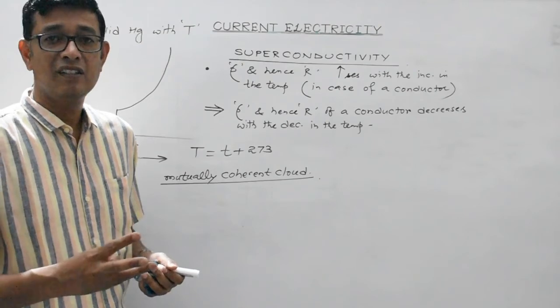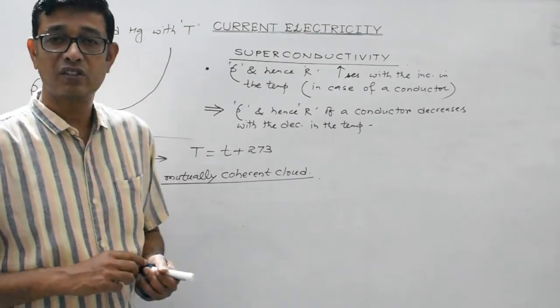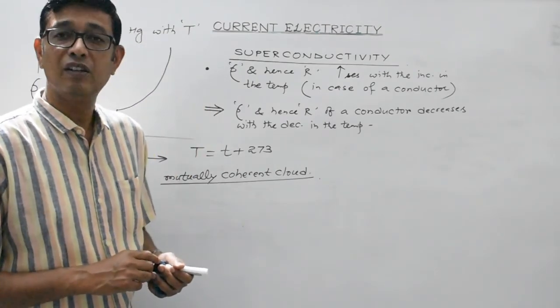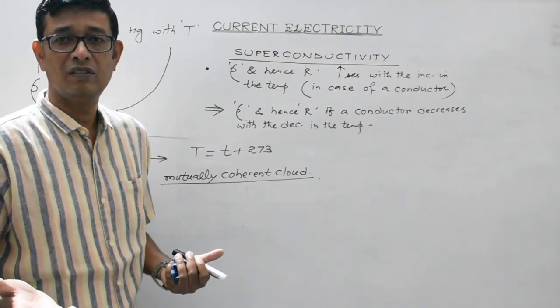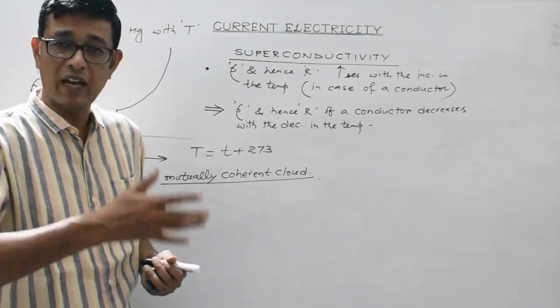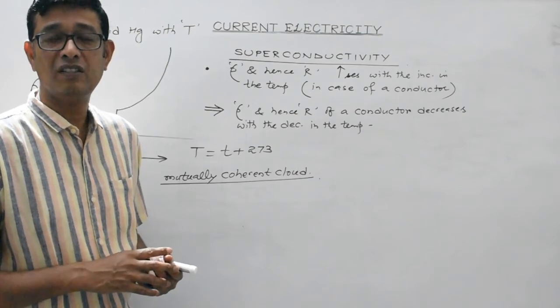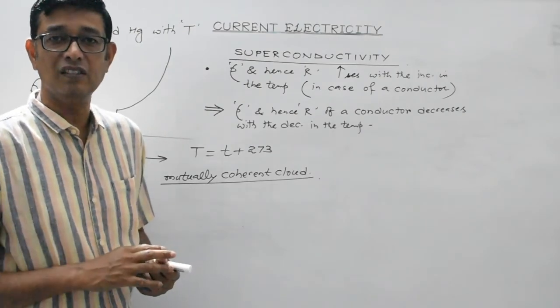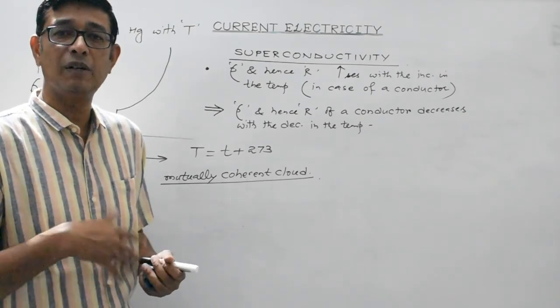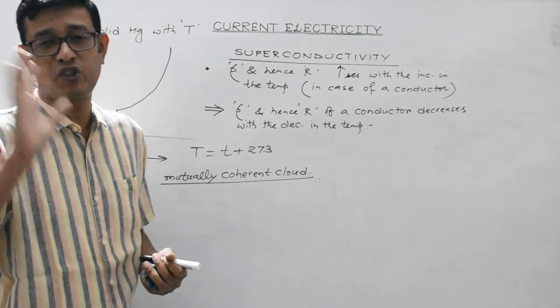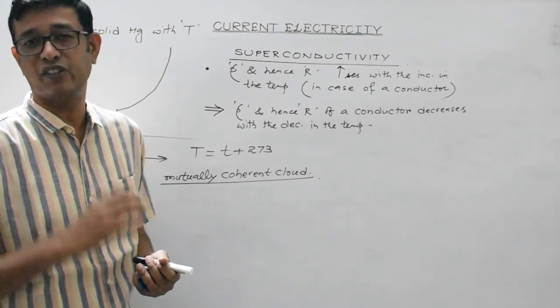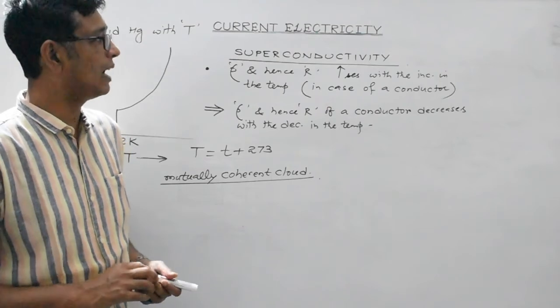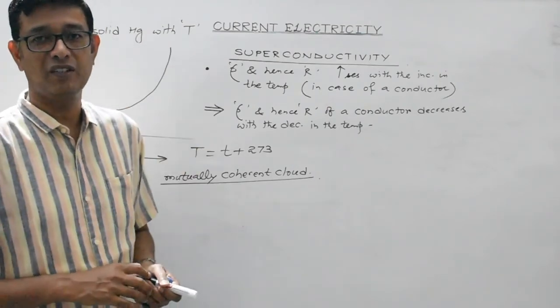And second, using this concept, we can make super fast computers. At present, we have super fast computers, but using superconductors, we can have supercomputers which work at greater speed, right? So these are some of the applications of superconductivity.